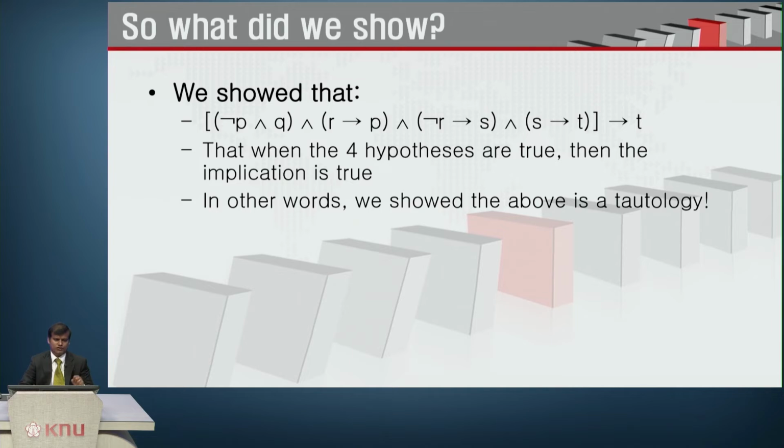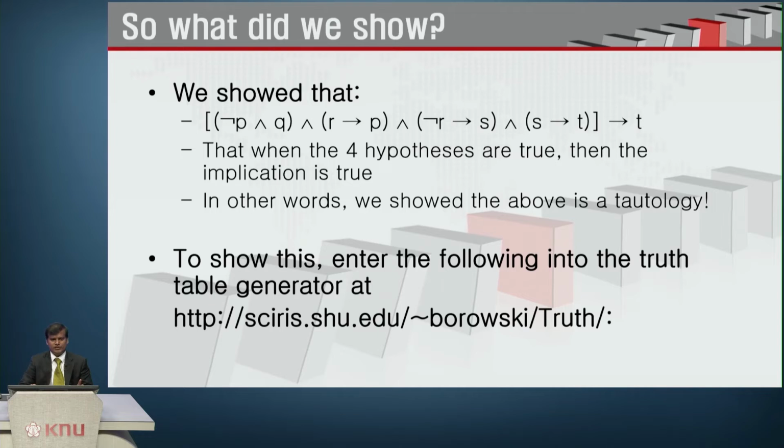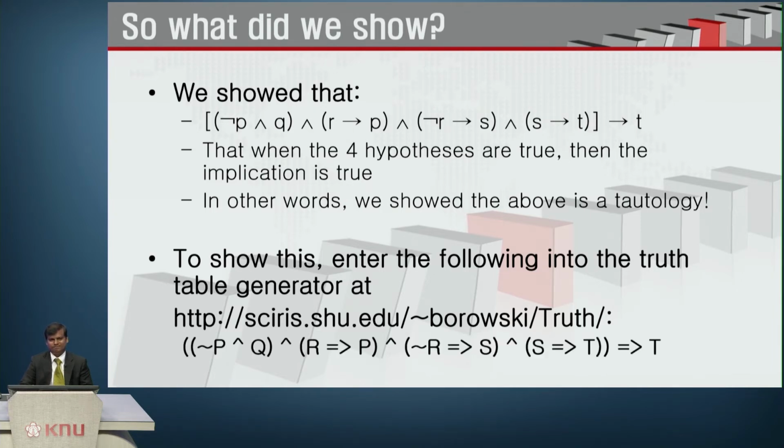It always remains true. You can also use the truth table to show the same thing. You can generate the truth table if you like, and if you wish, you can also go through this website to see more information on generating the truth table for any given equation. So here is how you can do it for this given problem.